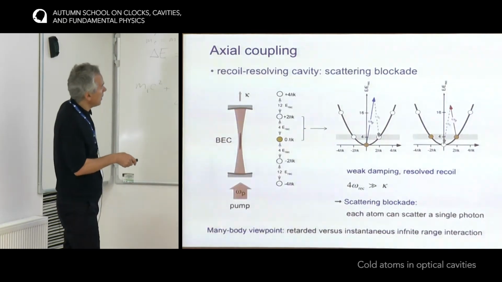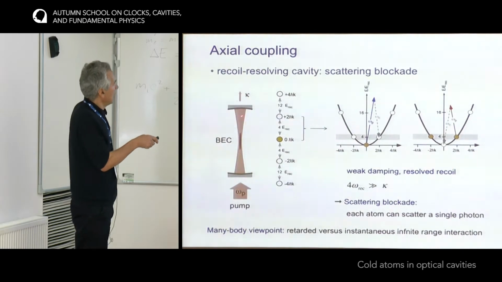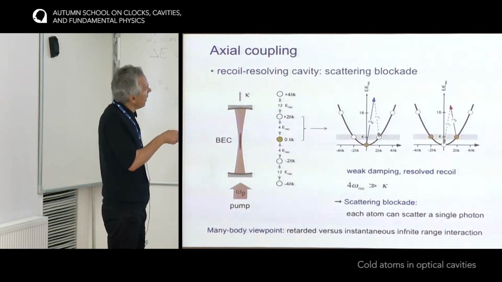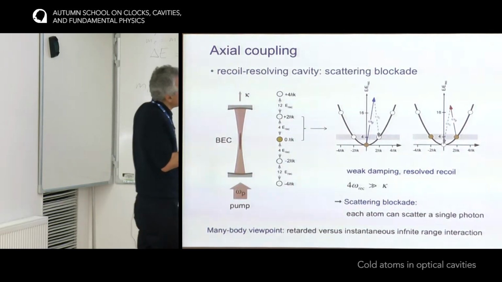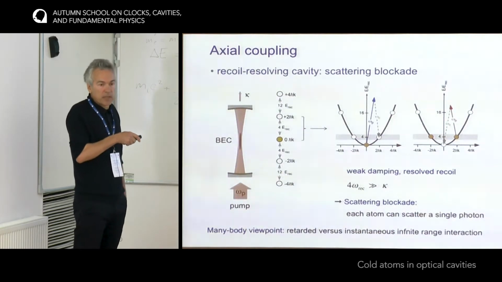So we have a beam coupling along the cavity axis to the resonator, and if we look at momentum space, these are the momentum states that are accessible for scattering.